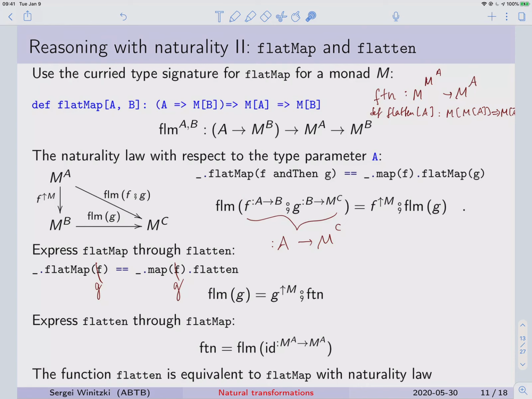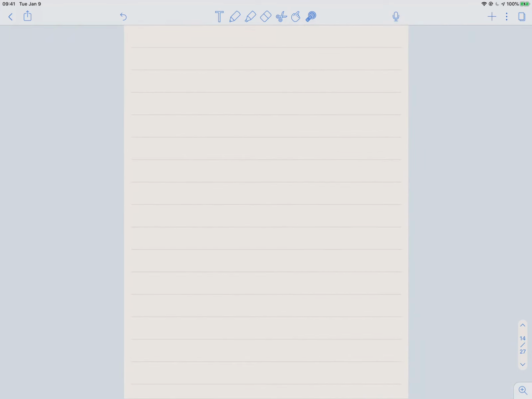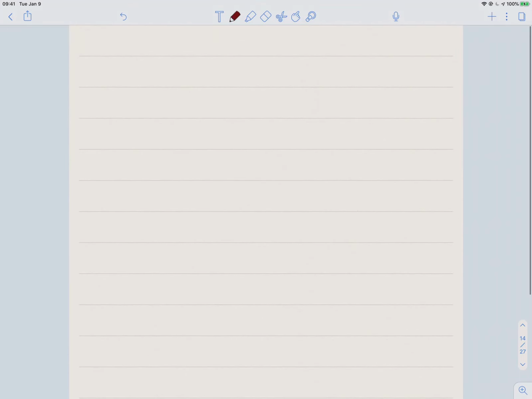So we can also express flatten through flatMap like this. It turns out that as long as you assume this naturality law for flatMap, then these functions are equivalent. So this is a very non-trivial thing. So let me see how I can try to prove that.